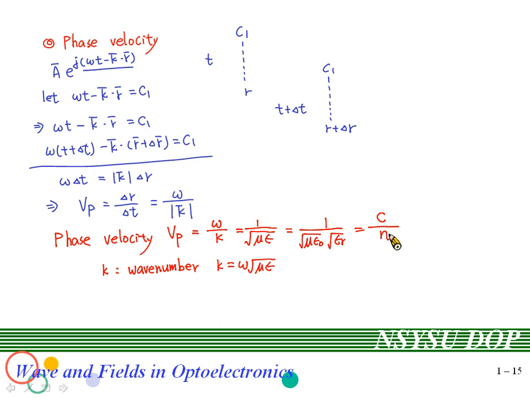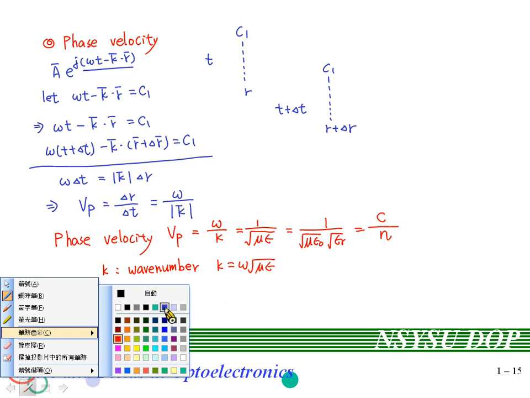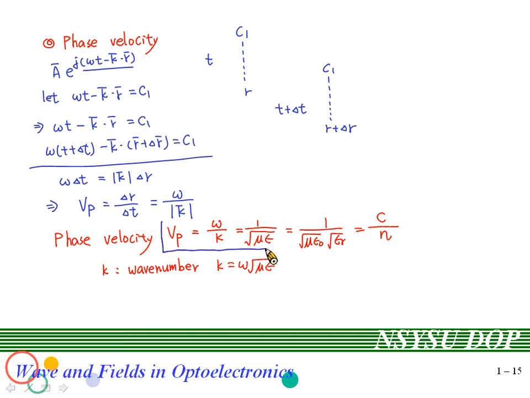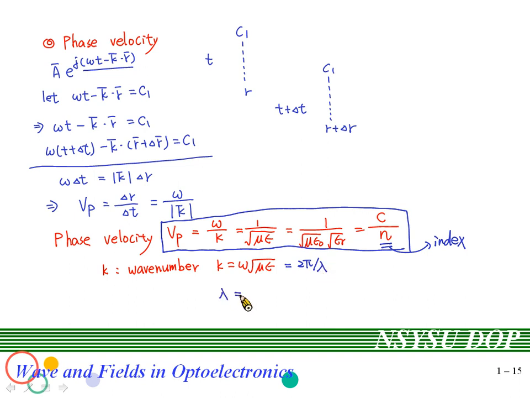So we can say that the phase velocity, omega over k, can also be expressed as the inverse of square root of mu epsilon, and also as c over n, where n is the index of the material. Besides, the wave number k can also be expressed as 2 pi over lambda. Therefore, lambda can also be written as 2 pi over k.